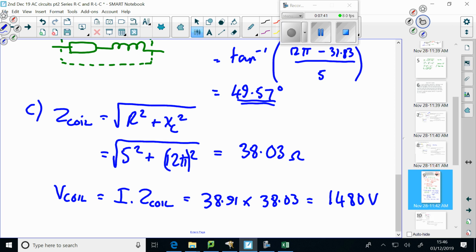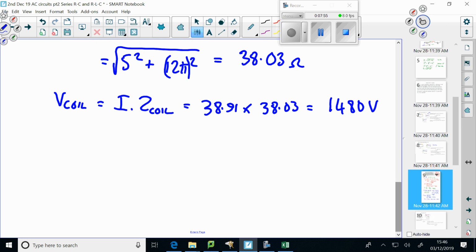38.91 was the current I calculated in part A. Let me go back to my calculation.